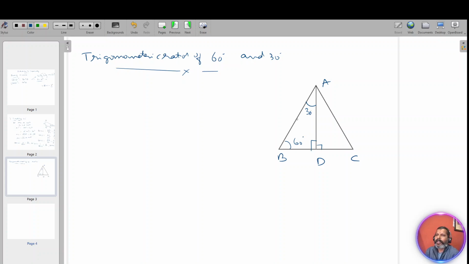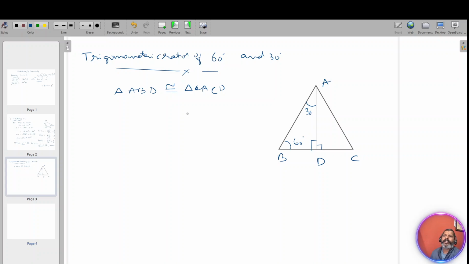Similarly, if you find the values here in the figure, ABD and ACD are congruent triangles. Why? Because triangle ABD is congruent to triangle ACD. D is 90 degrees, right?